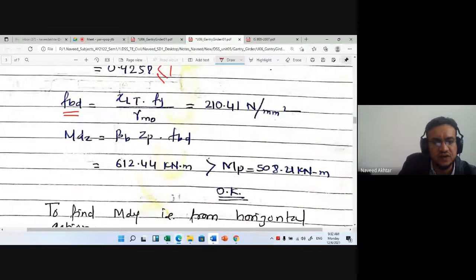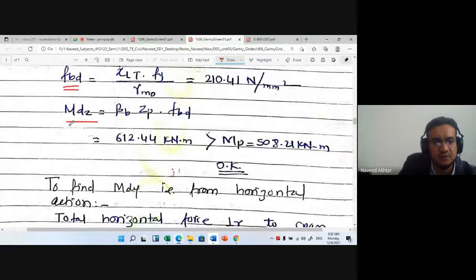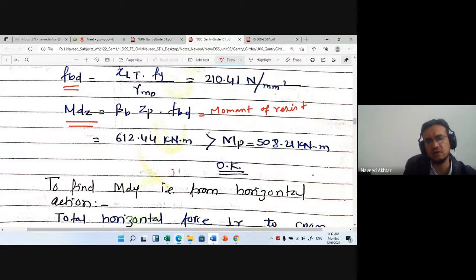And then you can find out MDZ about the major axis, the moment of resistance of the section, or you can say the design moment of the section.